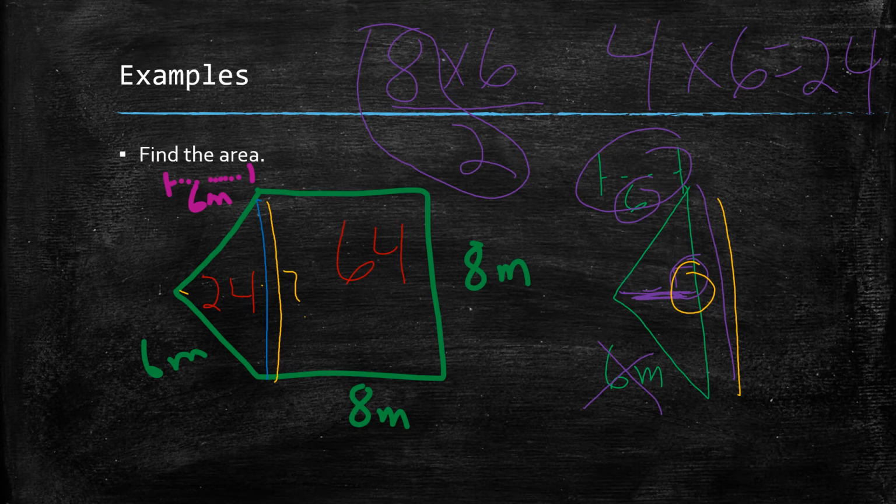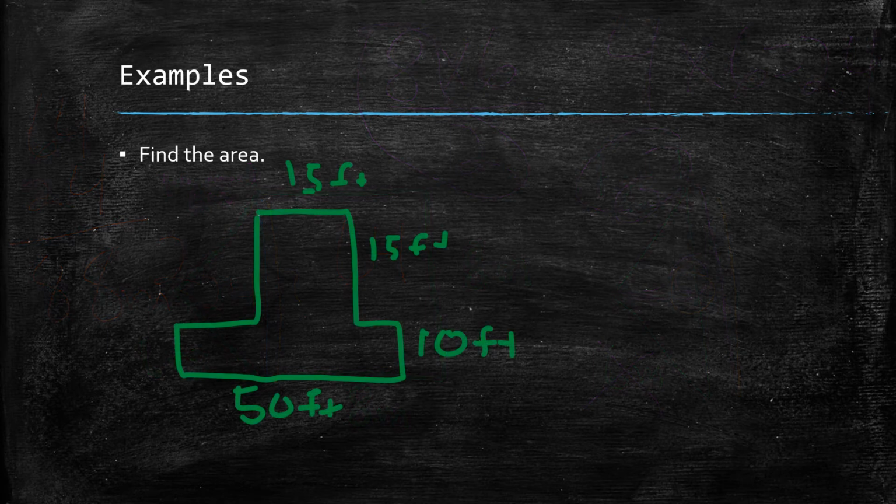So I add those together. This equals 88, and this is in meters. So that is meters squared. So in this problem, I would encourage you to pause the video, try it yourself just to see how you do, and then check your work afterwards.